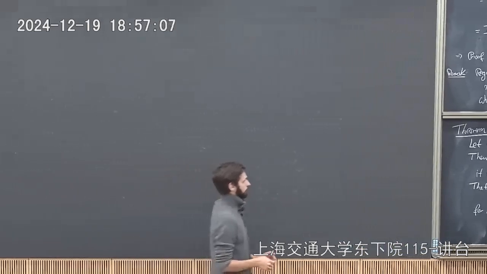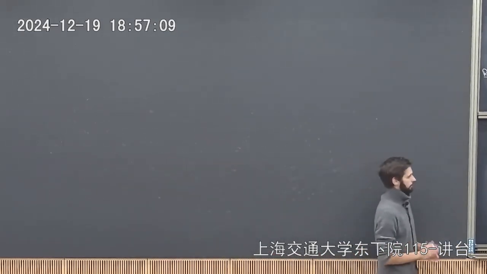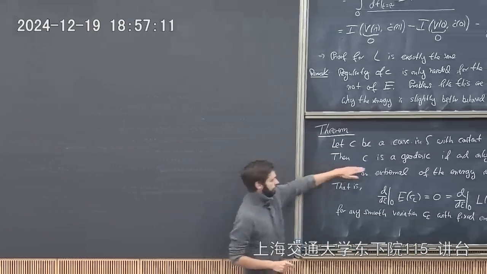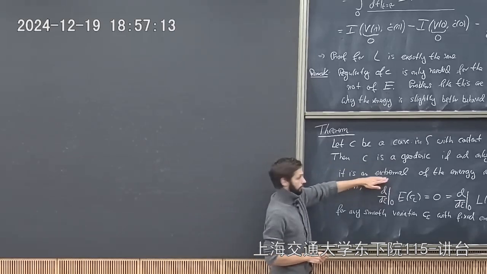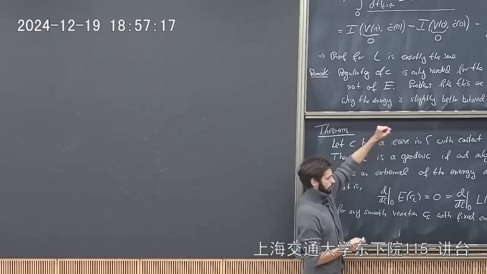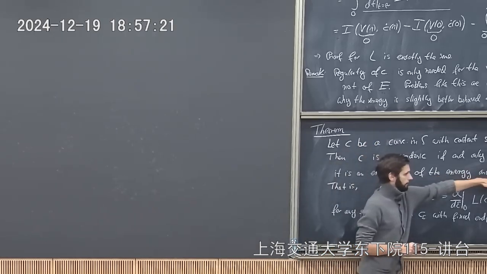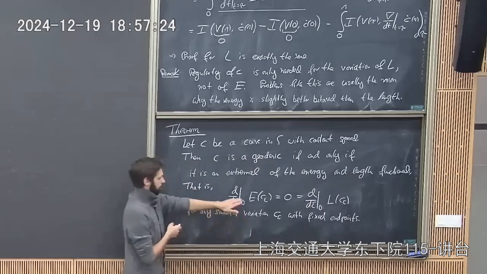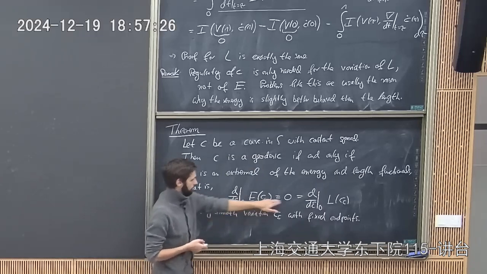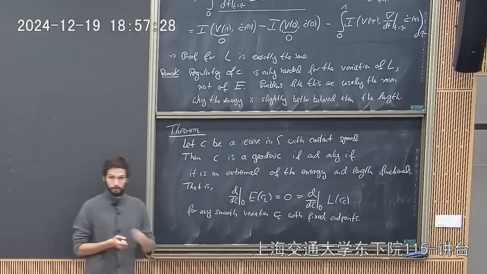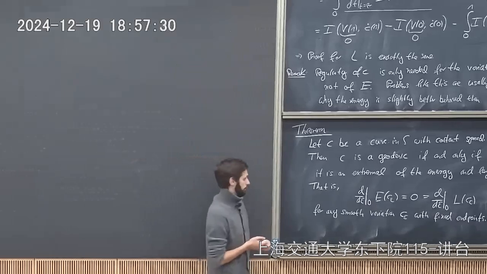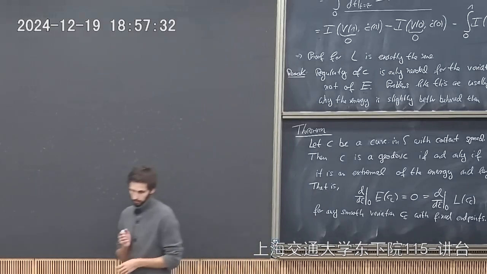So that answers in some way exactly the question that we had, namely C is a geodesic if and only if it's an extremizer, so either a maximum, a minimum or a saddle point of the energy and the length functional, in the sense that you take the first derivative of the energy and the length, you get 0 regardless of in which direction you take.